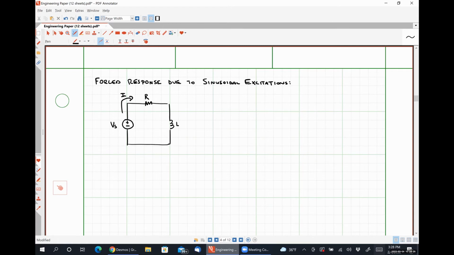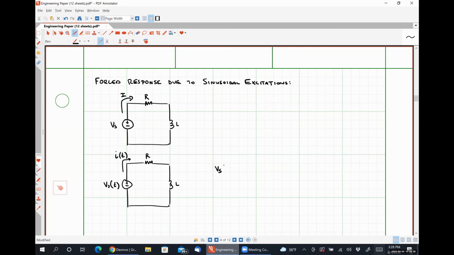So if I look at a circuit where I have some time varying source voltage Vs of t, and then I look at that same resistor and inductor, R and L, and I now call this response I of t.